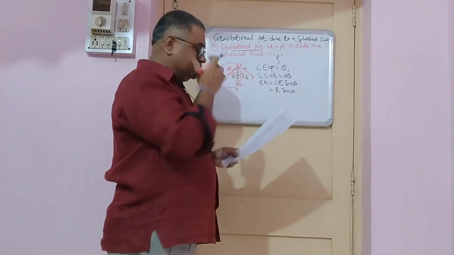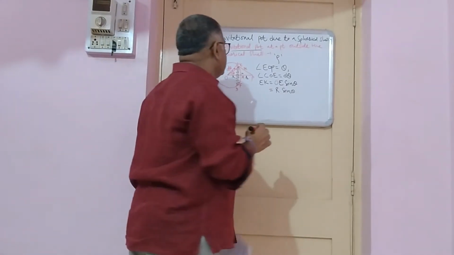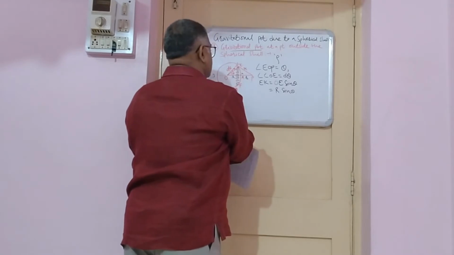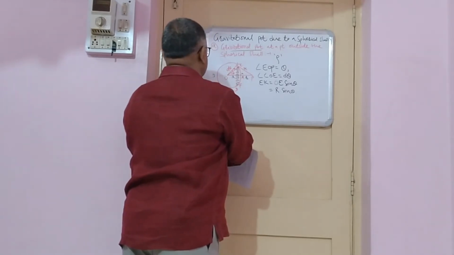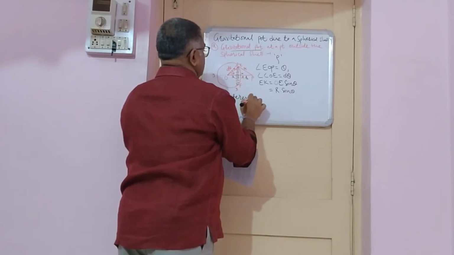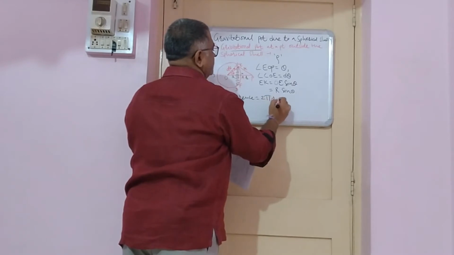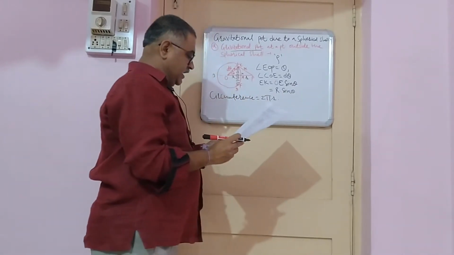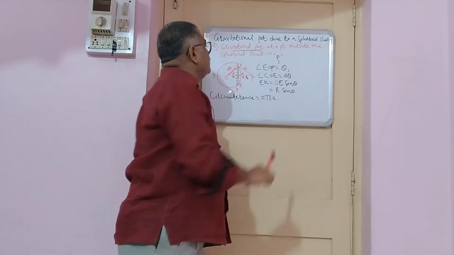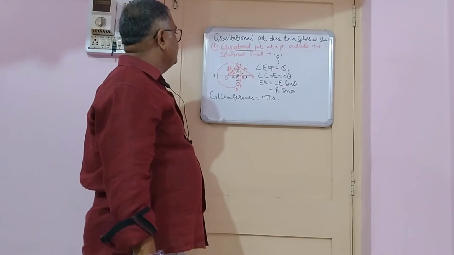We know the formula for the circumference equals 2 pi r, and here we have r as R sin theta.